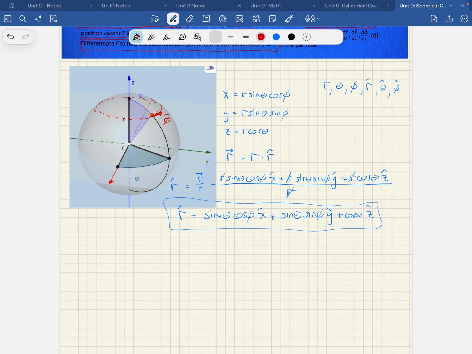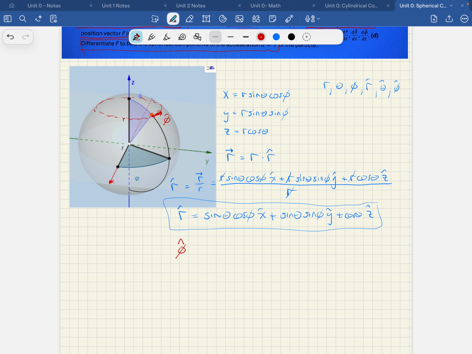So it's just going to have x hat and y hat. It's parallel to the xy plane. Okay, great. It also doesn't depend on theta.